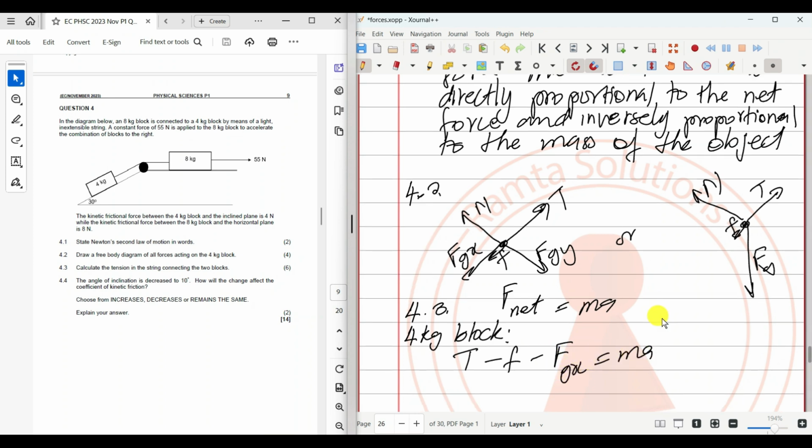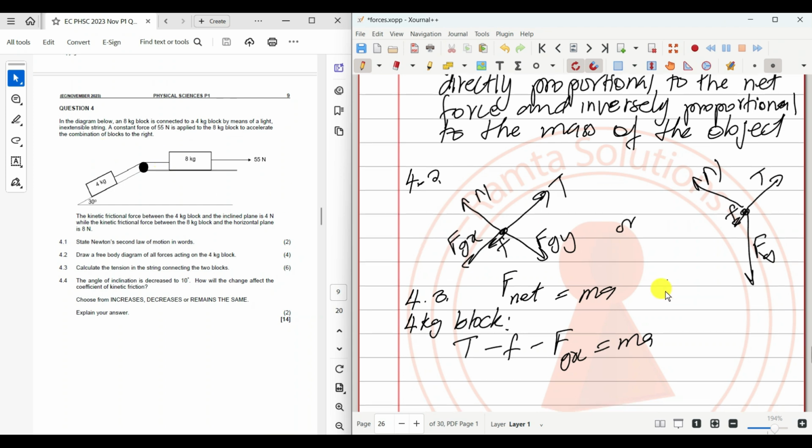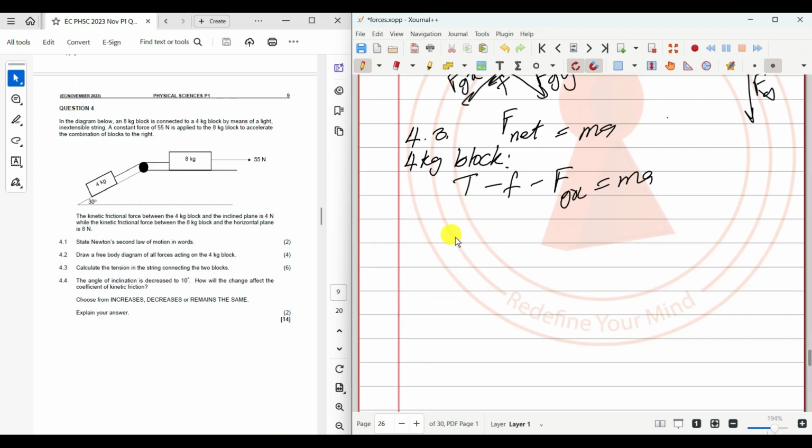They say we must calculate the tension in the string. Before we do that, let's confirm. That means it accelerates, so acceleration is not 0. Okay, moving on. This is the friction, we know what it is, and this one will be mg sine 30 degrees equals ma.